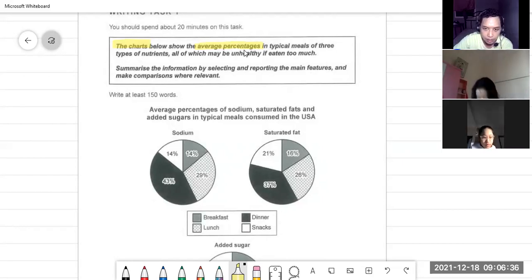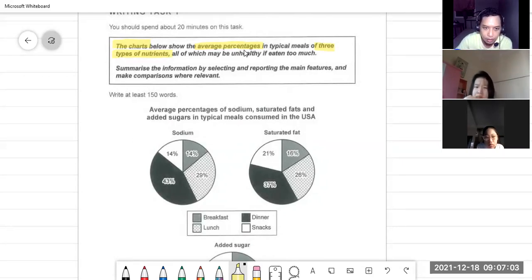In typical meals, okay, of three types of nutrients. Do you know what three types of nutrients means? I don't know. Do you know or no? No. No? Okay, three types of nutrients means the parts of food, okay?